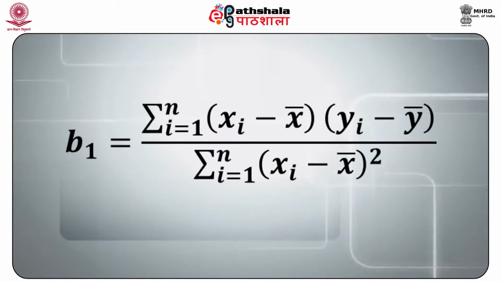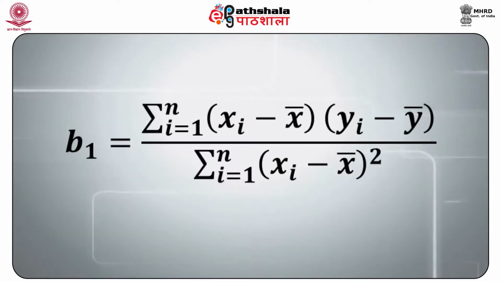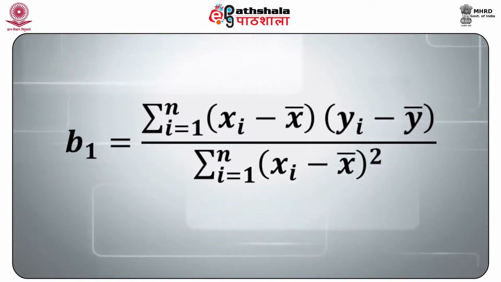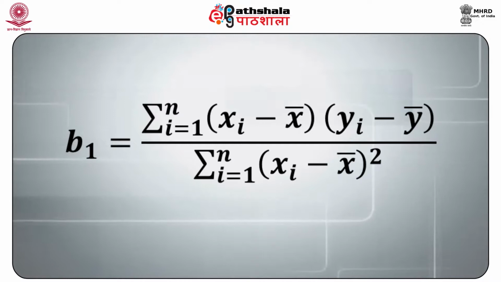The estimator B1 is a random variable and takes on different values from sample to sample. However, the unbiasedness property implies that on average the value of B1 is equal to the population parameter beta 1. Now we know that the OLS estimate B1 is equal to sigma (xi minus x bar)(yi minus y bar) upon sigma (xi minus x bar) square.